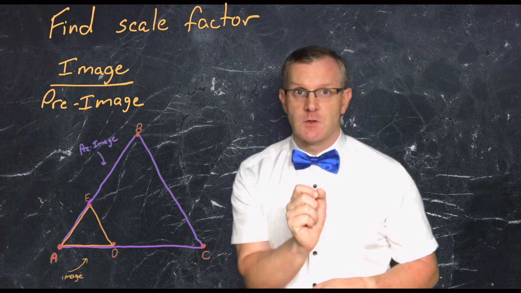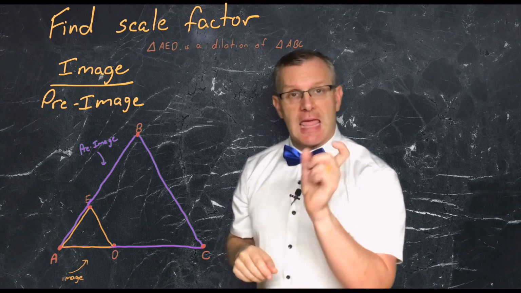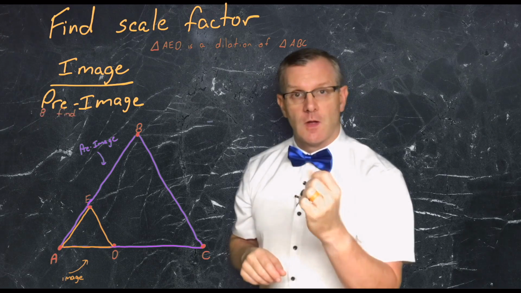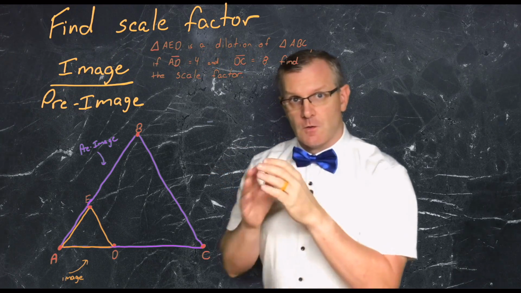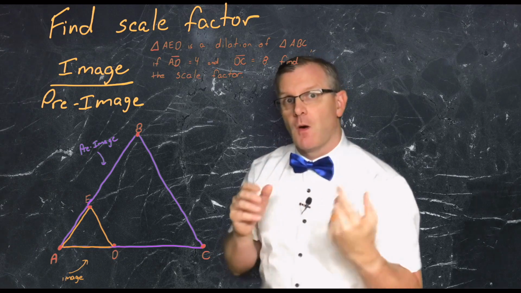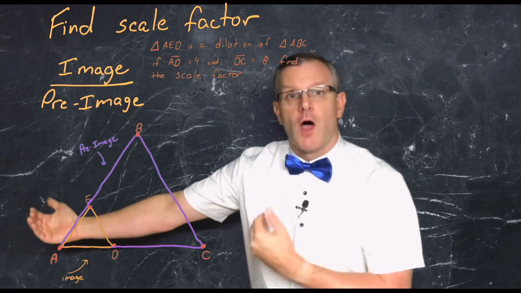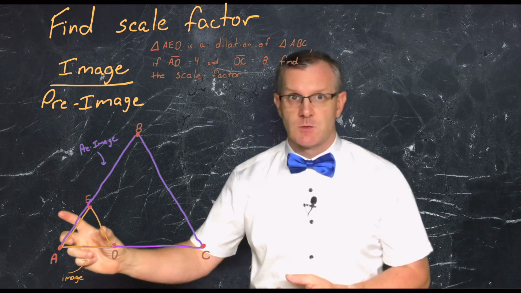What has changed? Looking here, we see that AD is 4 and DC is 8. So we need to figure out the total length of our pre-image, so we have to add each of the 2 segments.